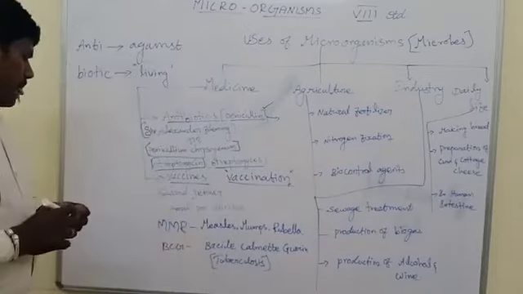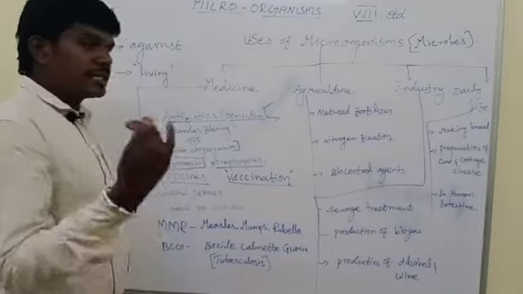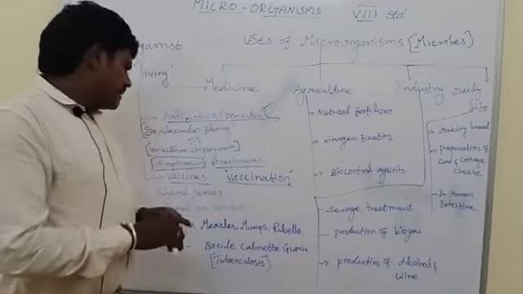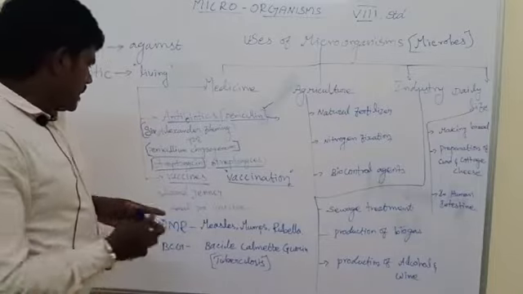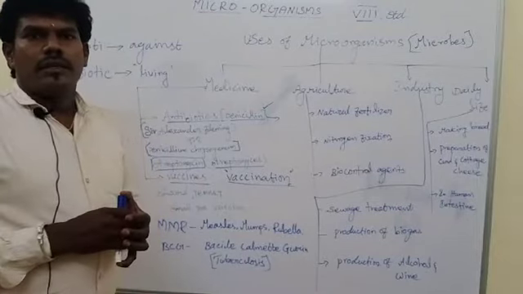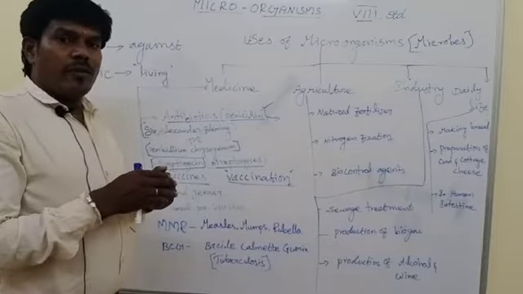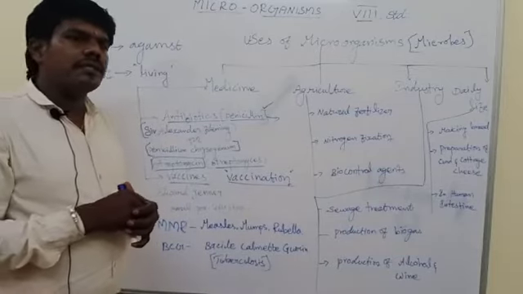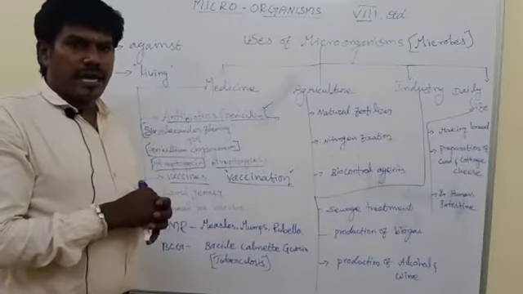When the vaccine is injected into the body of a person, the vaccine will produce antibodies. Those antibodies are involved in the protection function of our body from external pathogens, the causative agents.